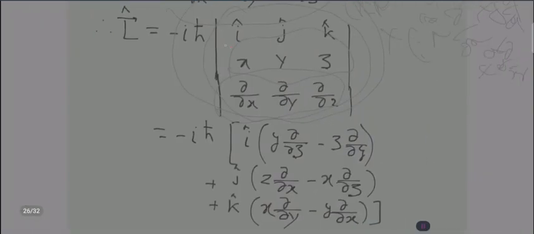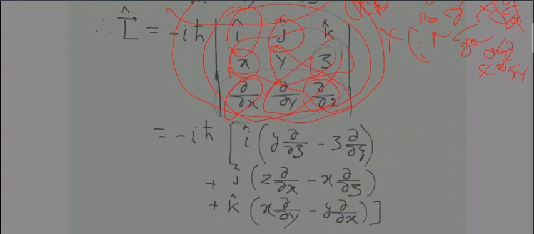Now how will it open? i hat will open like this, y multiplied by this minus this multiplied by this. Then j hat will open with a minus sign, this multiplied by this minus this multiplied by this. Then k hat will come, and it will also open with this minus this.